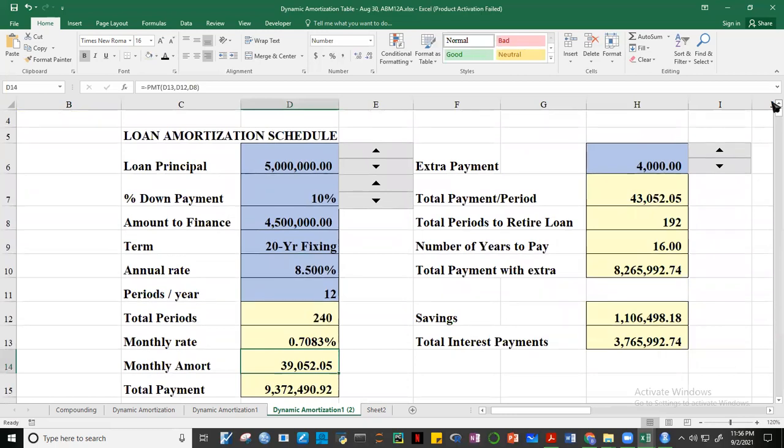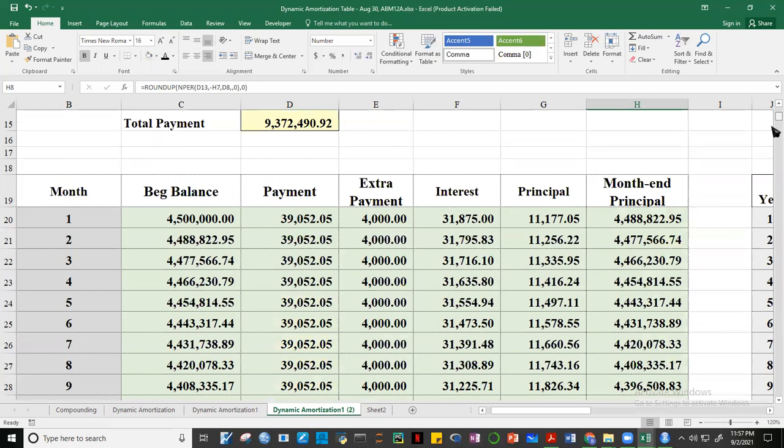However, with the extra payment, let's say of 4,000, we'll be paying 43,000 all in all, but it will take us only 192 months to completely pay off our loan. Okay, that's 192 months. So the total savings is 1.1 million. That's the difference between the 9.372 and the 8.265 here. Okay, let's check if indeed our amortization table is at 192.